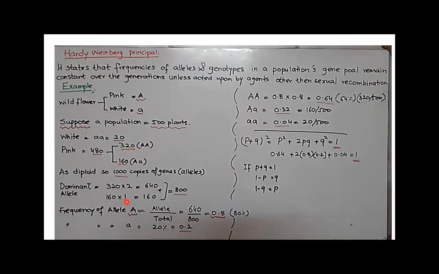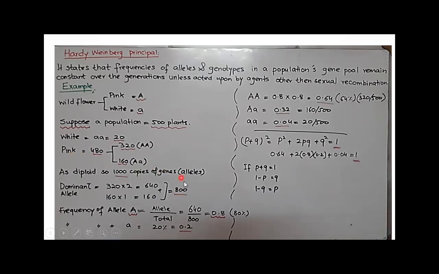In the heterozygous condition, that is capital A small a, only a single allele is present. So 160 is there. So 160 plus 640 will make 800 alleles. So 800 alleles are present only for the pink flower.